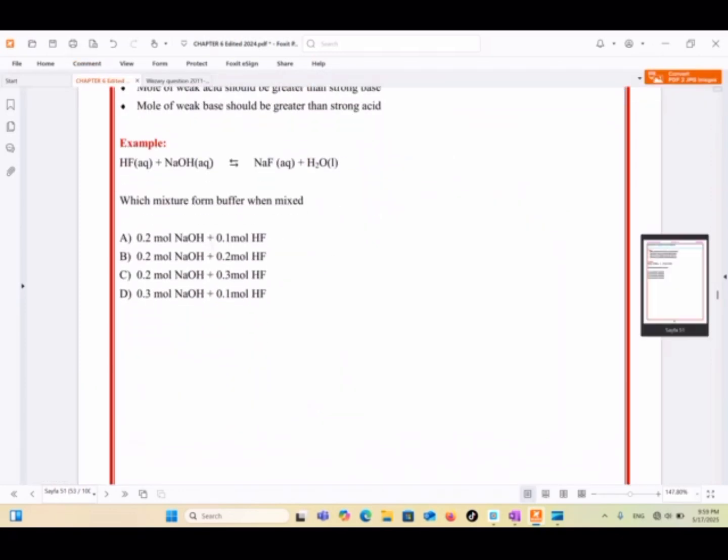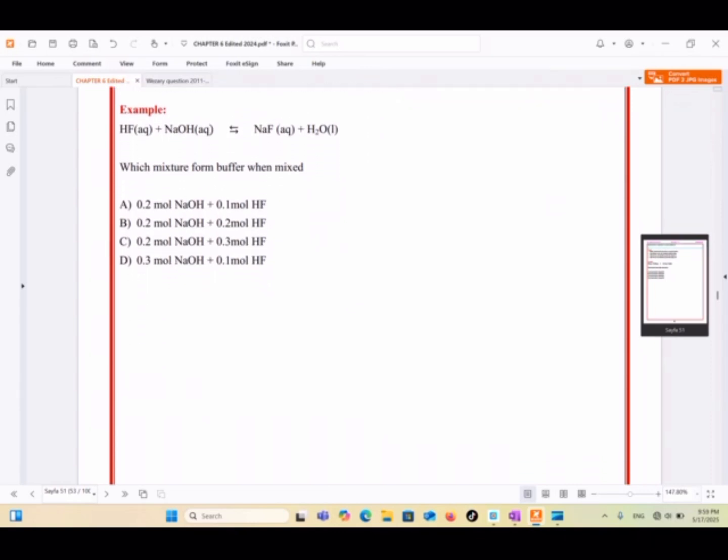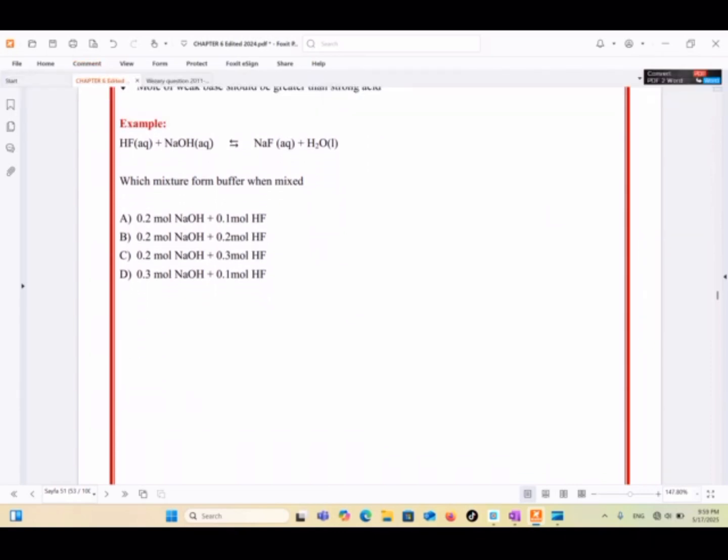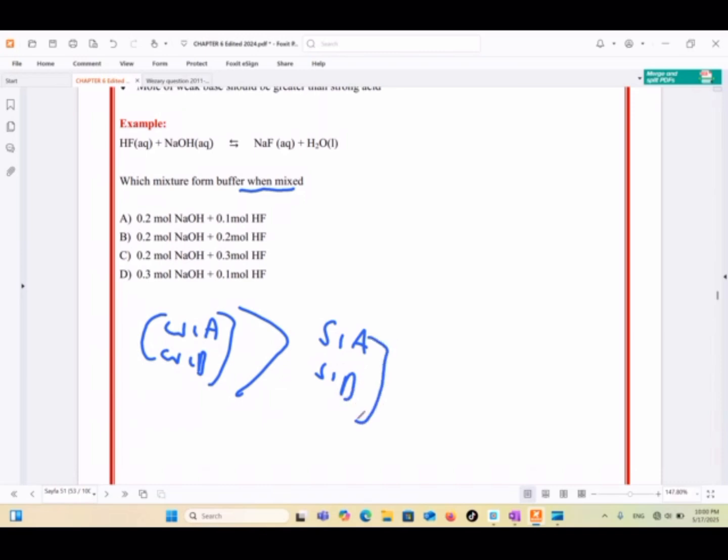Let us solve a type of question here, guys. This will be a question in this type of buffer. Which mixture forms a buffer when mixed? When it's between strong acid or weak acid with their strong base, we have to know that the weak acid and the weak base concentrations should always be higher than the strong acid and strong base concentration.